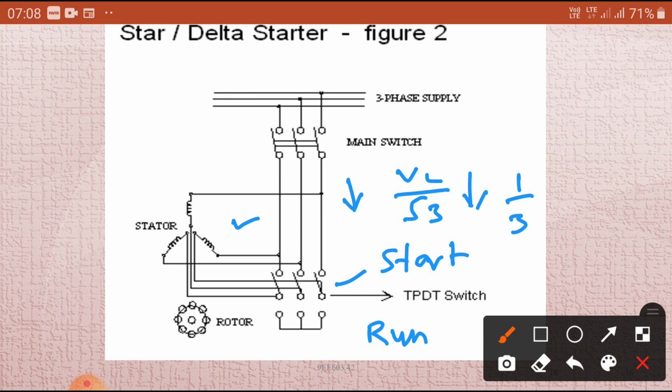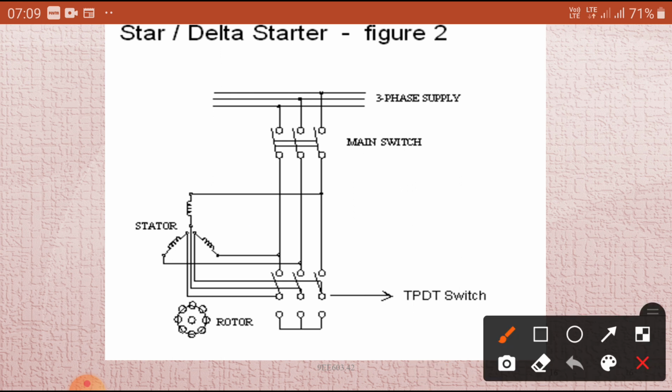Then this torque is enough to rotate our rotor to nearby speed. When the speed peaks, in the second case, when the motor speed picks up to nearly 80%, for example, for a 1500 RPM motor, 80% means nearly 1200 RPM.